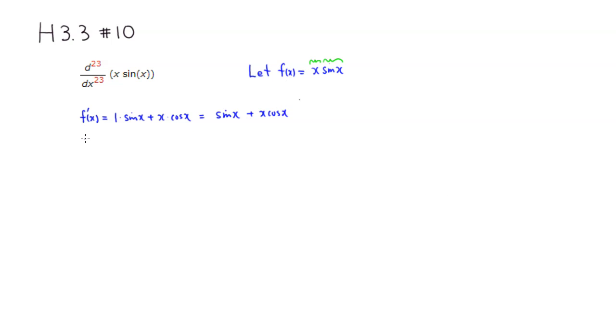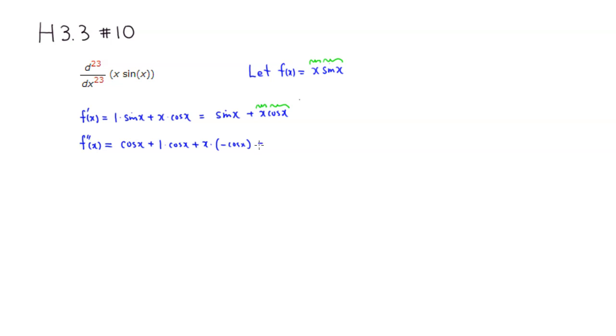And then the second derivative, another derivative. If you take the derivative of sine of x, you're going to get cosine of x plus, here we have to use the product rule. This is the first guy, this is the second guy. Derivative of the first guy is 1 times the second guy, cosine of x, plus the first guy, x, times the derivative of the second guy, negative cosine of x.